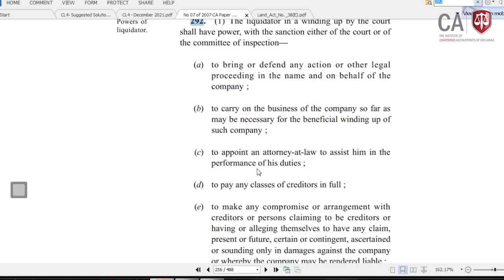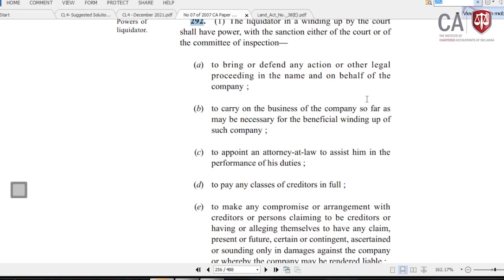But the important skill that you need to develop is how to identify the relevant section. Once you identify the relevant section, you just have to extract the relevant parts from the section and include them in your answer, right? So anyway, to bring or defend any action or other legal proceedings in the name and on behalf of the company, because now the company is struggling, the court has appointed a liquidator.